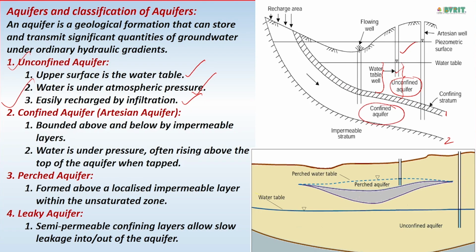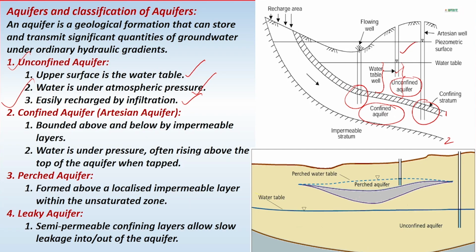The water is confined between two impermeable zones. If you want to extract water, you need to dig a well into the confined aquifer. That means you have to break the rock and push the tube into it.